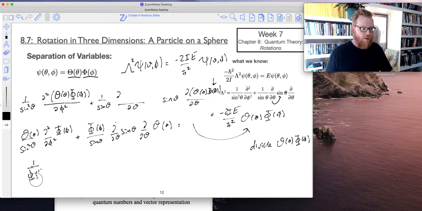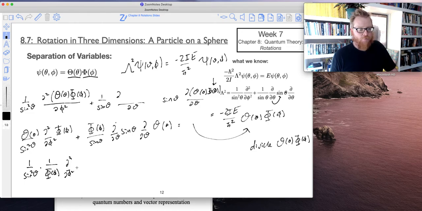So I'm going to end up with a 1 over sine squared of theta times, and now I'm dividing this whole term by theta phi, so the theta cancels, and I just have 1 over phi. And then I still have my derivative in phi. I can't cancel that out.